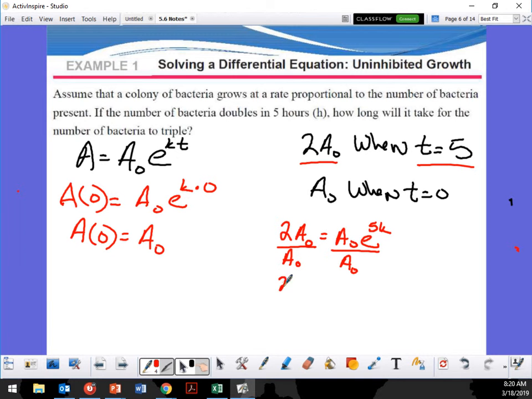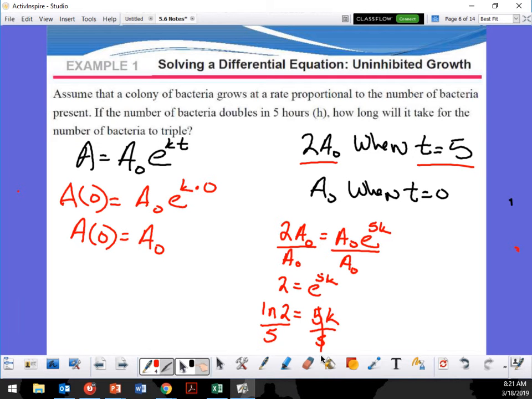So I should get 2 is equal to e to the 5k. And how do I undo an e? I take the ln, right? So it's going to be ln 2 equals 5k, and then divide both sides by 5.